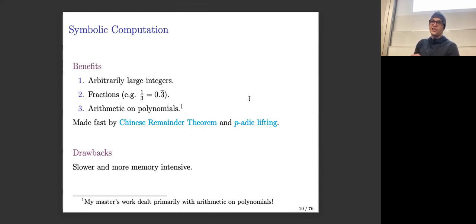Okay, so what are the benefits of symbolic computation? You get arbitrarily large integers, right? Like how big? It's big, period. So one of the things you'll be doing in your project, and one of the mistakes we made last year, is that an integer in Maple is arbitrarily big, but an integer in Julia is a 64-bit int, and I didn't account for that.